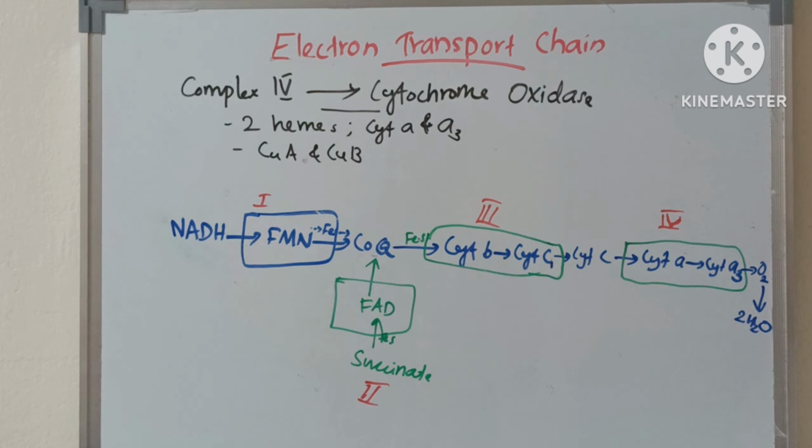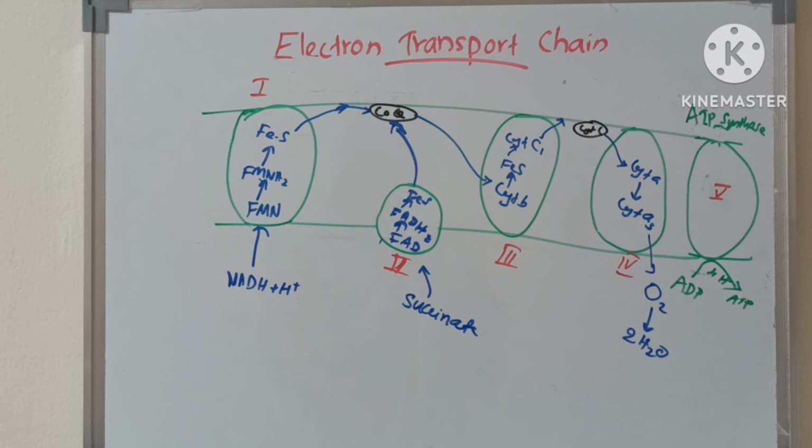In complex 2, from succinate to FAD, FAD is converted to FADH2, then to FeS, and from FeS to coenzyme Q. Then from coenzyme Q to complex 3, that is cytochrome B to FeS, FeS to cytochrome C1, then to cytochrome C. From cytochrome C, electrons are transferred to complex 4, first to cytochrome A, then to cytochrome A3, then to the final electron acceptor oxygen, and this oxygen is converted to water.